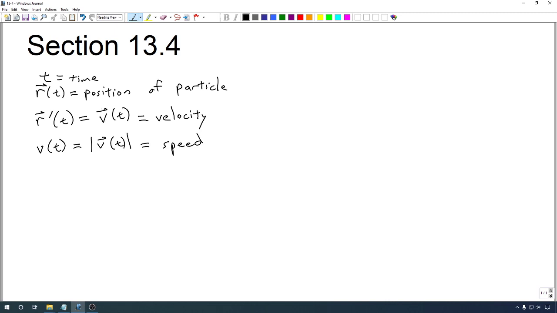We can even differentiate this function again, in other words, say we're looking at the second derivative of r, or in this case the derivative of v. This is going to be another function. We're going to denote it a of t. This is the acceleration. And note, this is another vector.